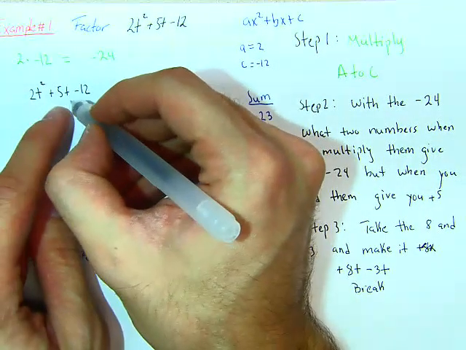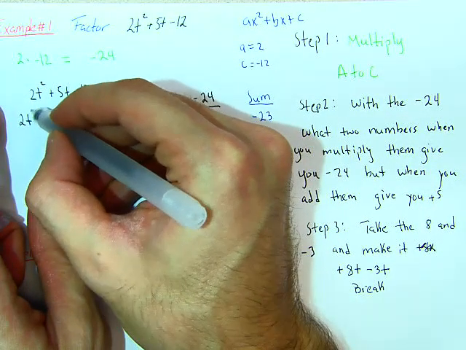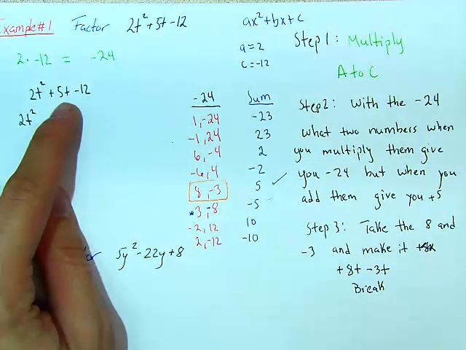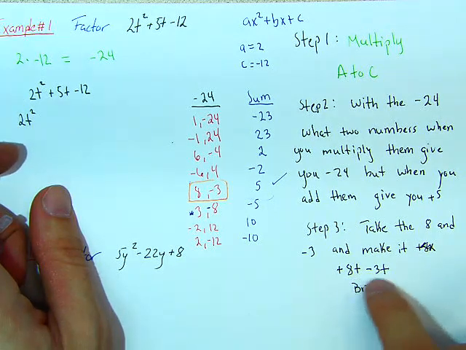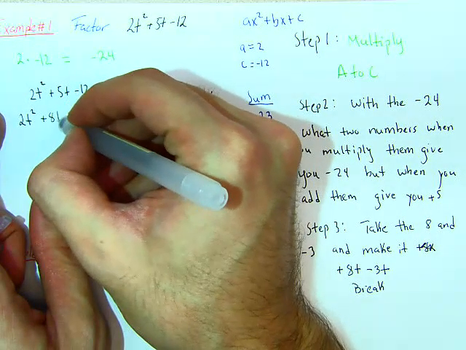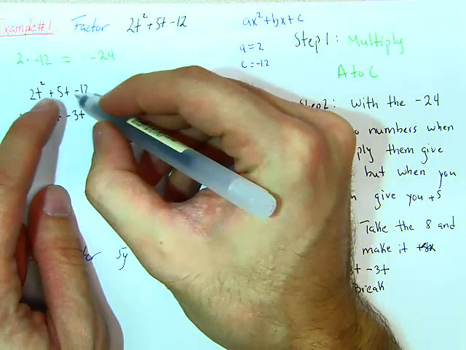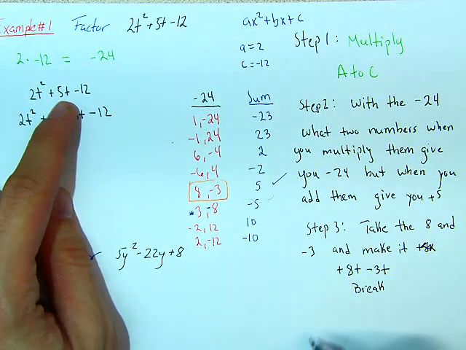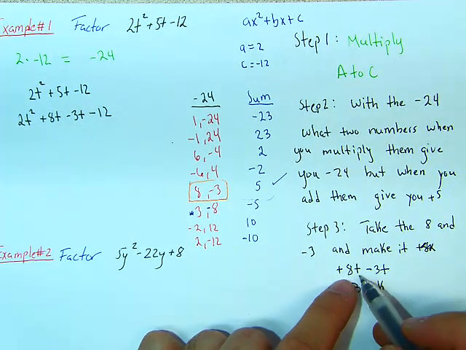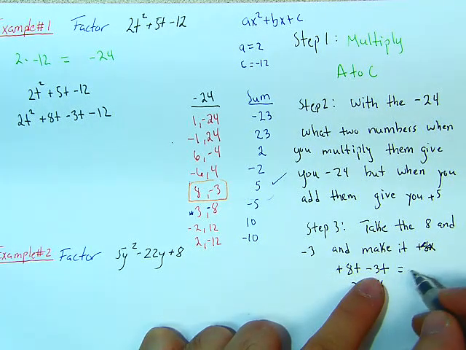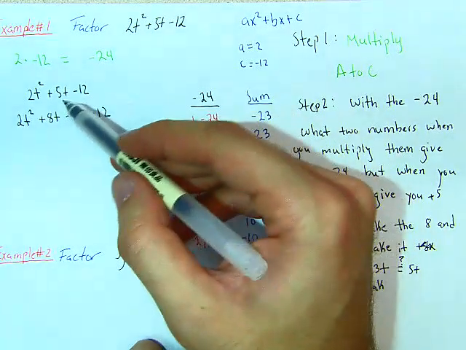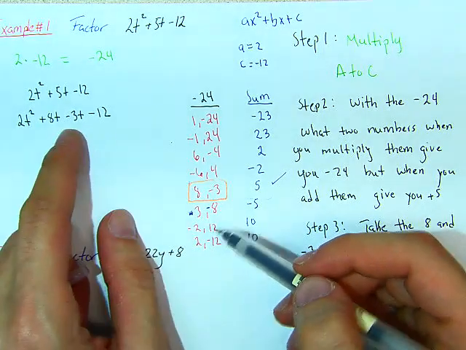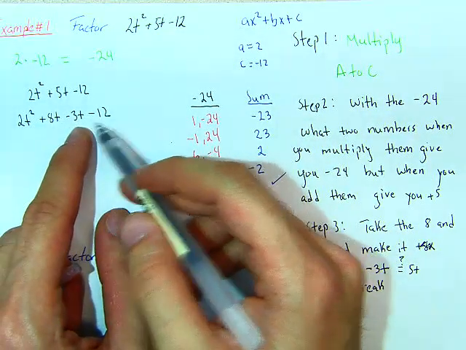So this expression becomes 2t squared, that stays the same, and that positive 5t you're going to substitute with plus 8t minus 3t, right? And that minus 12 stays the same. Now notice, is positive 8t minus 3t equal to 5t? Are these two expressions the same? Absolutely. You're not changing the value of anything. You're just changing the way it looks.